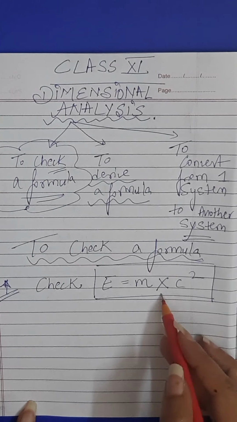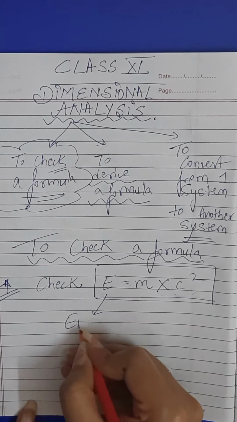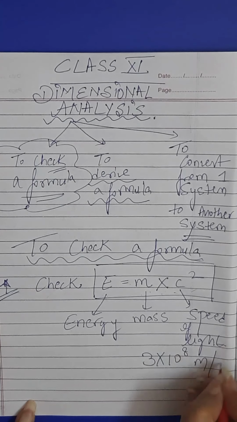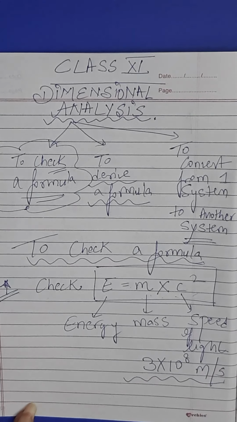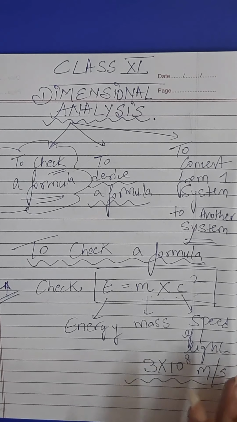Here E is energy, m is the mass, and c refers to speed of light in air, which we all know has the value 3 into 10 raised to power 8 meter per second. So how are we supposed to check a formula? Now the best way of doing so is to find the dimensions separately for LHS and for RHS.